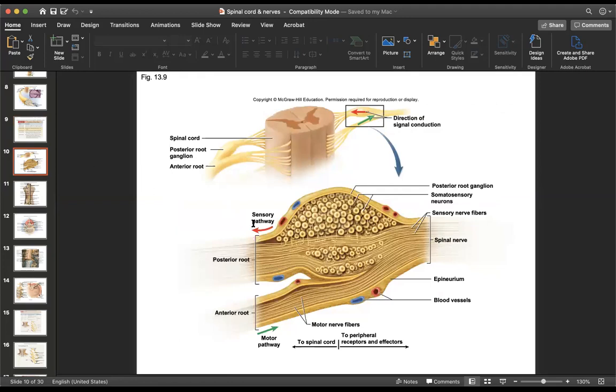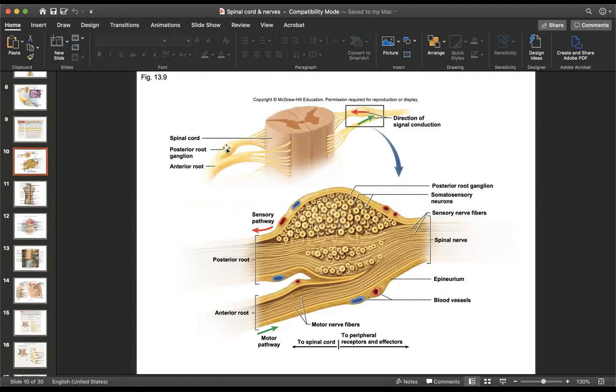Okay, a little closer look at what's going on with the ventral and dorsal roots. So again, we got your ventral root carrying motor information out to the body. Your dorsal root carries sensory information from the body to the CNS. So this posterior root ganglion or dorsal root ganglion is swelling.